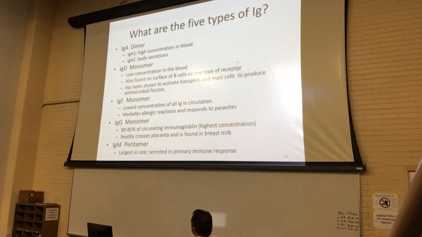All right, IgG. This is the most common, 80 to 85% of the circulating immunoglobulin, so it's in the highest concentration, another monomer. And then IgG, excuse me, don't mean to skip over this part.